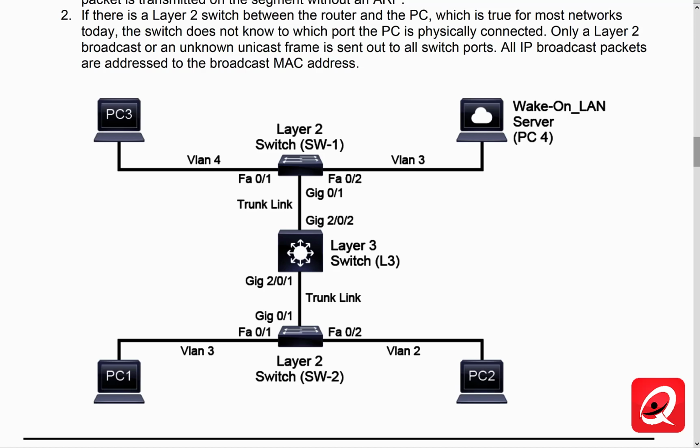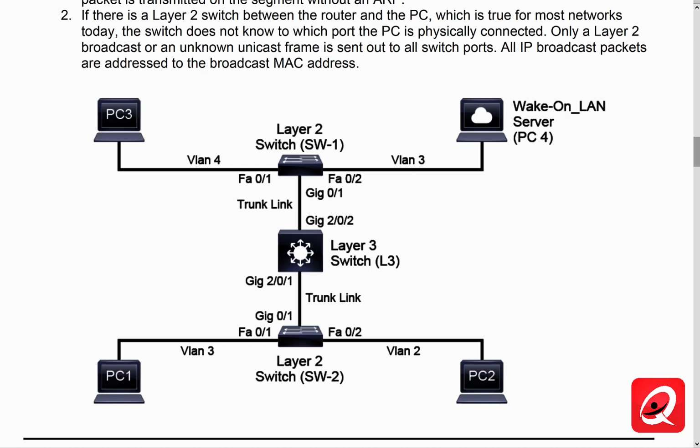So any protocol that relies on broadcasting from the Wake on LAN server or DHCP process on PC 4 will not function correctly, because routers or routing processes never forward broadcasts. So we would have to consider what the effect would be on our WOL magic packets, being that those are flooded or broadcasted. Certainly with DHCP because it's broadcast based.